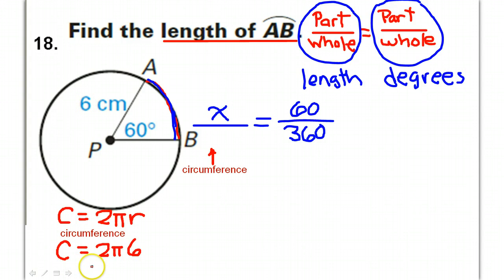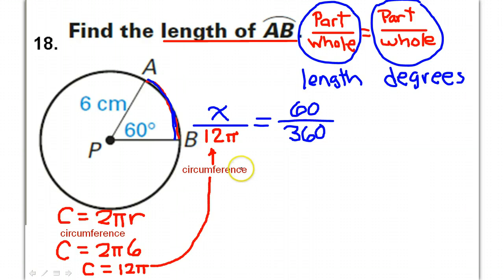But that's going to give me circumference equals 12 pi. Okay, so that's my circumference. And that's why I'm going to have 12 pi right here. So now I have partial length, unknown, over the whole length, the circumference.